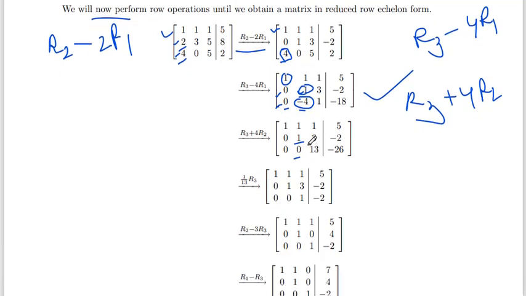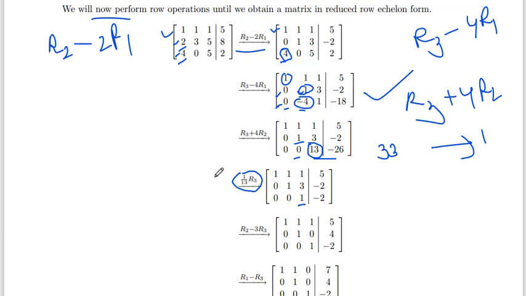Now the next step is to transform this third column element into 1. So how do we transform it? Simple: if we divide by 13, or multiply by 1 by 13, then this will become 1.